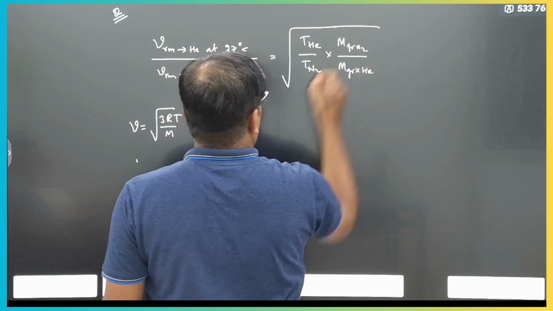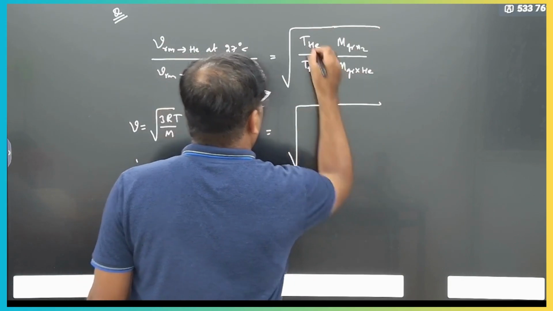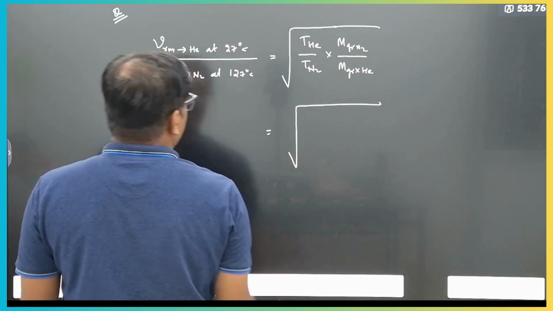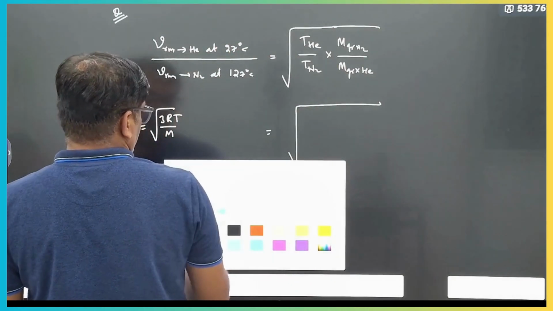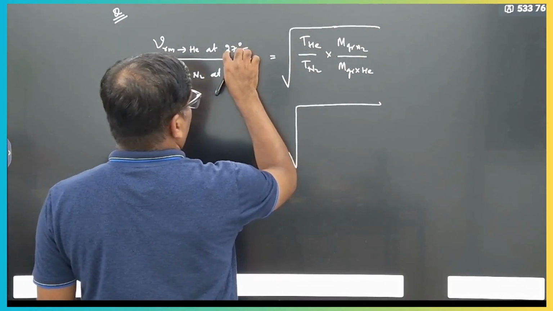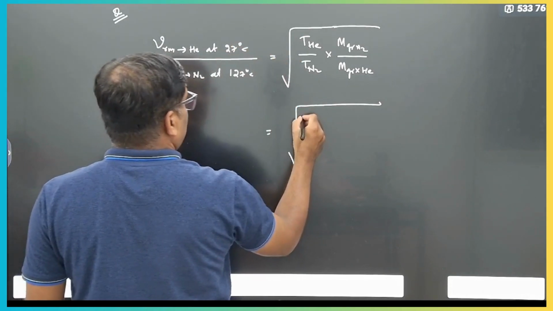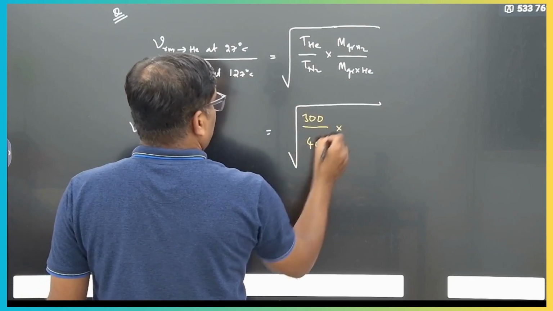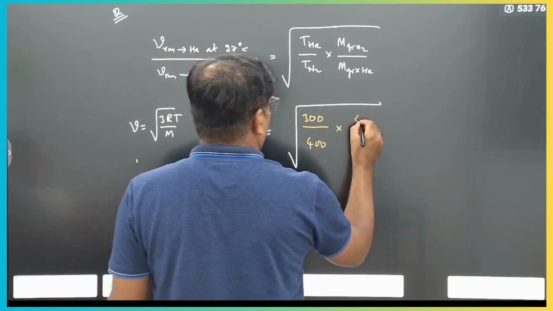Clear? So we know that the temperature of helium is 27 degrees centigrade. Don't use Celsius, you always have to use Kelvin. So 27 plus 273 is 300, and 127 gives 400. Helium gram molecular weight is 4.